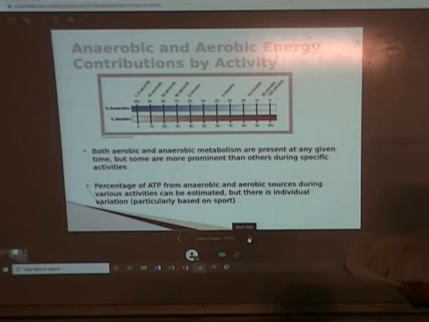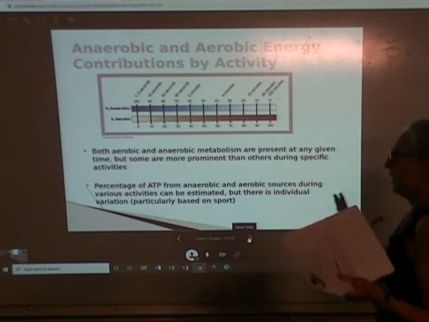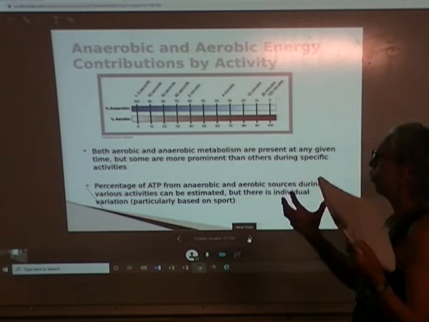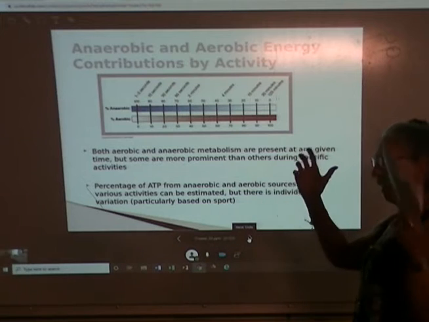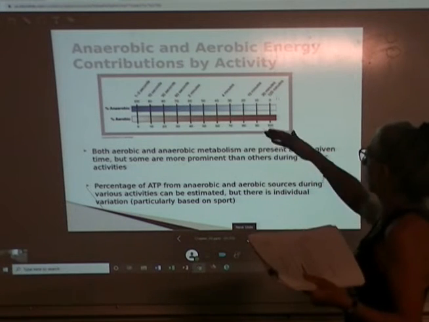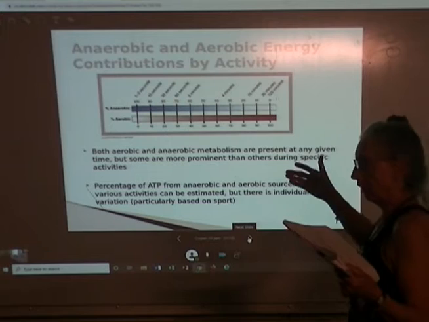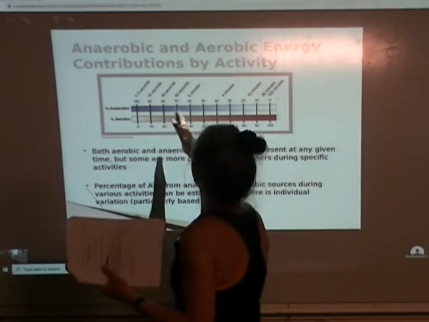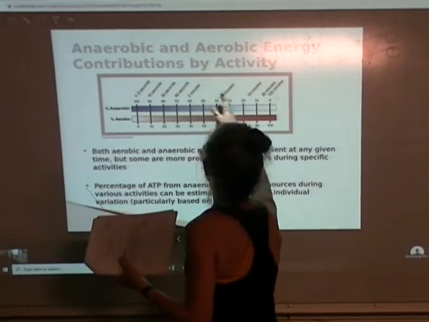Okay, so I really like this little figure, chart, whatever you want to call it, because it gives us a guideline, right? It estimates the amount of anaerobic to aerobic work that you're doing for different timelines. And then you can take your activity and work out how long is my activity.